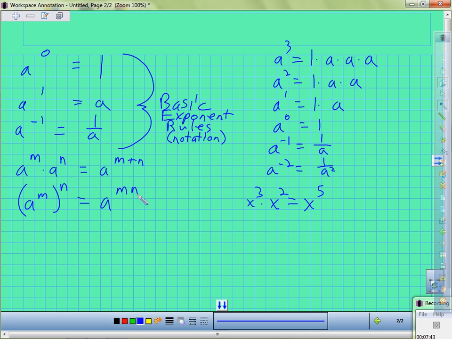And then our last one. This one is a to the m over a to the n. What do we do with the m and the n? Subtract. Very good.